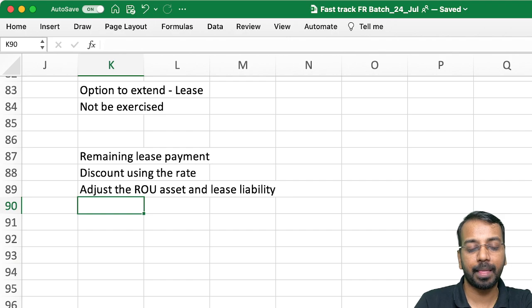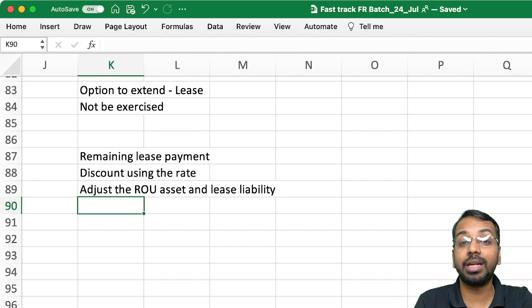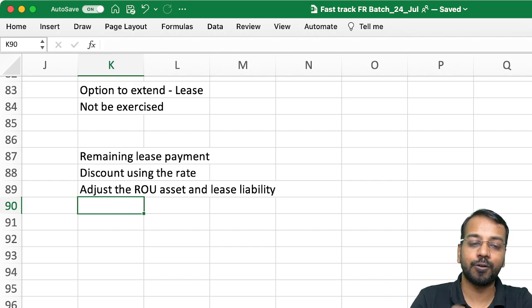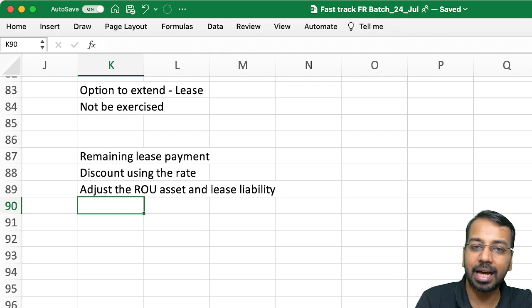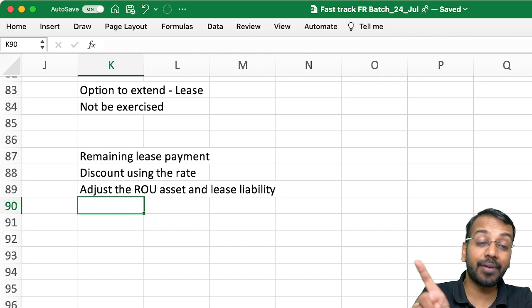because let us say we have exercised the option to extend. If we have exercised the option to extend, what does that mean? The lease term gets extended, so the present value of lease payment will also change. So the lease liability will also undergo a change. What the standard is saying is, if this scenario exists, use the revised discount rate.